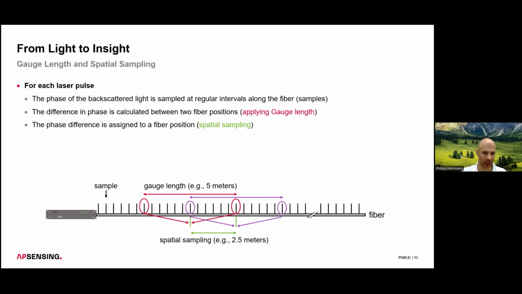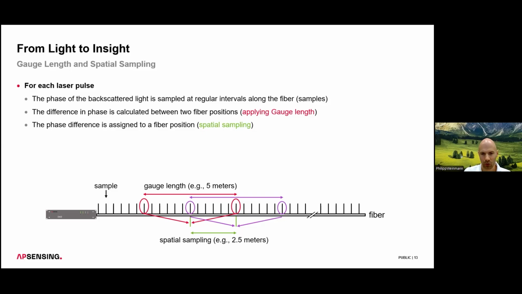So I'm introducing here two important parameters, namely the term gauge length and the term spatial sampling. The spatial sampling basically tells you how many data points you will get at the end of your measurement. And the gauge length defines how much space is being monitored by every spatial sampling point.